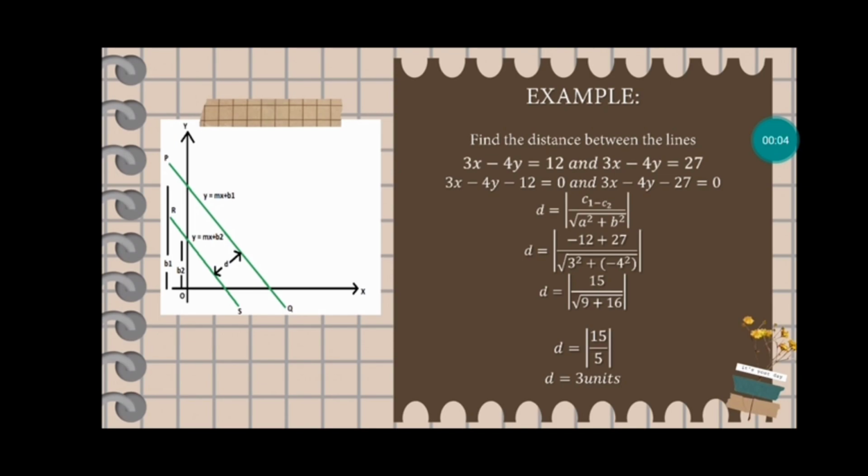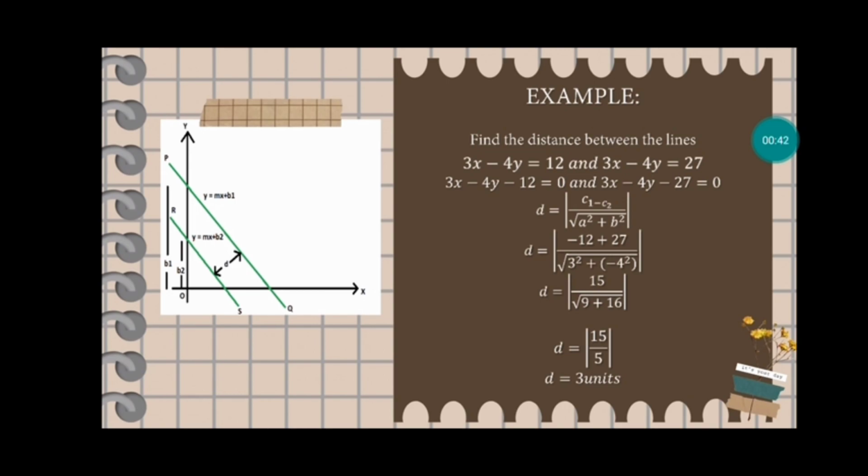Example, find the distance between the lines 3x minus 4y is equal to 12 and 3x minus 4y is equal to 27. Since the given is in general form, we're going to make it in standard form. So, the given will be 3x minus 4y minus 12 is equal to 0 and 3x minus 4y minus 27 is equal to 0. We're going to use the same formula. Distance is equal to the absolute value of c sub 1 minus c sub 2 over the square root of a squared plus b squared.